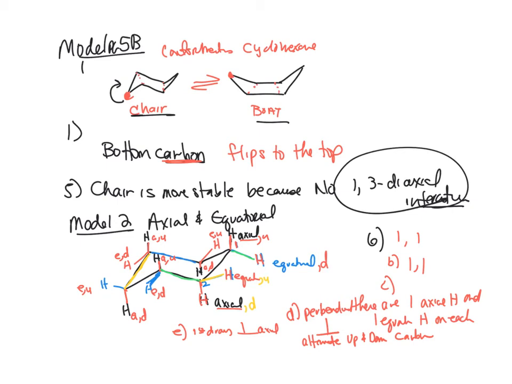All right, we're going to go on to model 3. This is the chair interconversion flip. Rotation around the single bonds of cyclohexane results in the conversion between chair conformations.